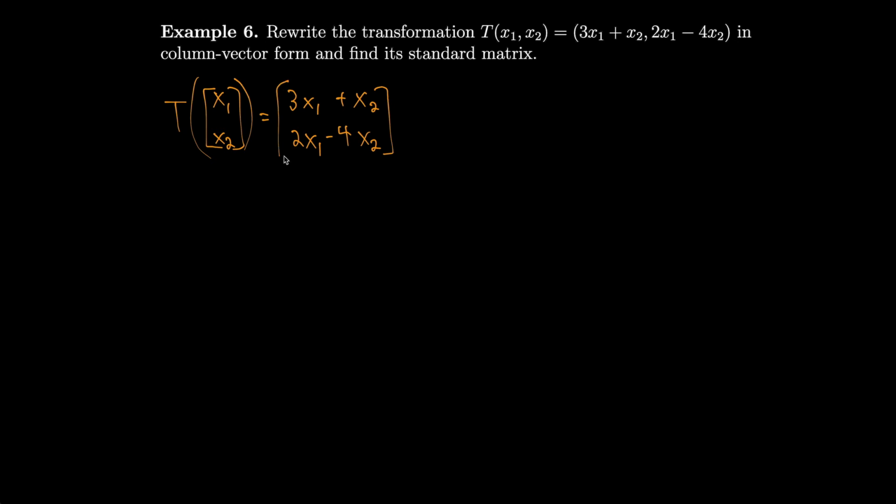I'll write that as a matrix. That's the same thing as saying it's the matrix 3, 1, 2, minus 4 times x1, x2. You can basically just read off the coefficients to get A. So that means that A is 3, 1, 2, minus 4.